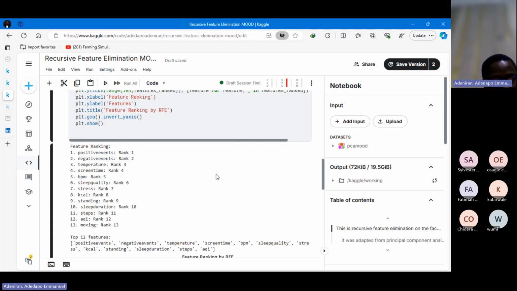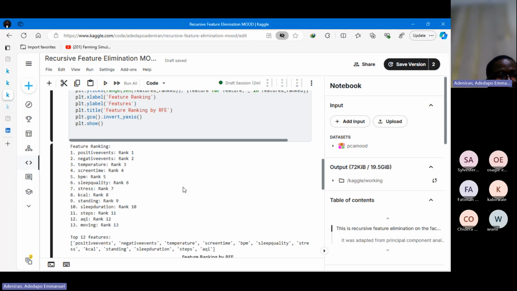Let's say the performance dropped to maybe 0.5, and then we add it back. And now we remove temperature. Let's say the performance increased to 0.8. What that is telling us is that the feature that we removed previously was making the entire model worse.